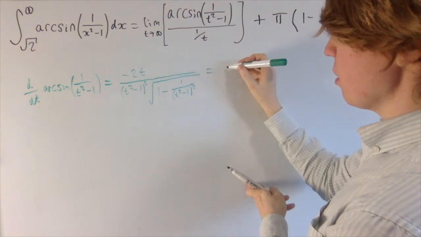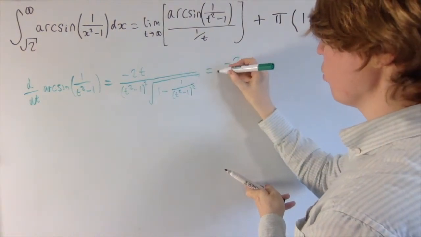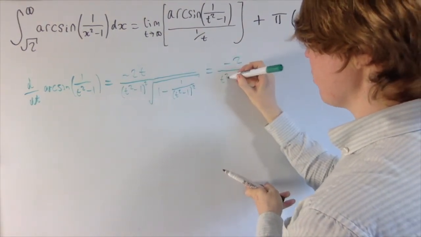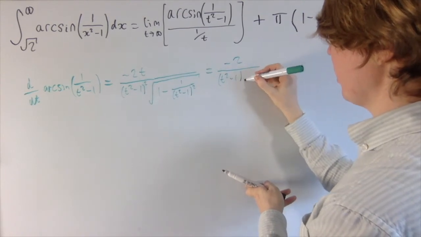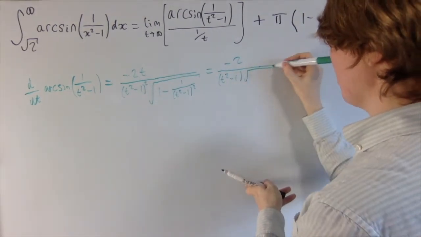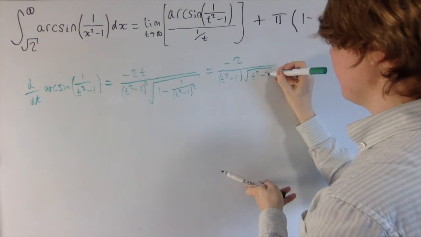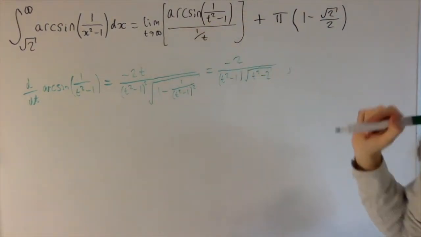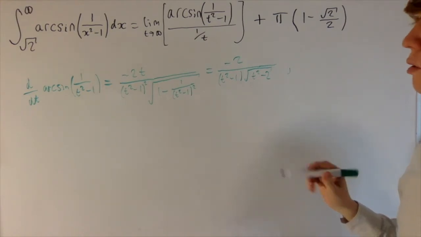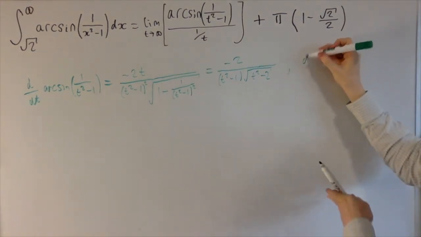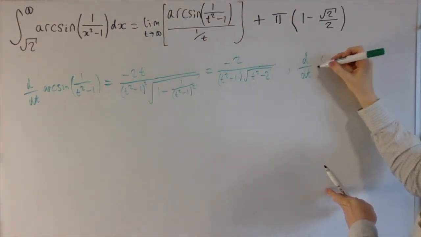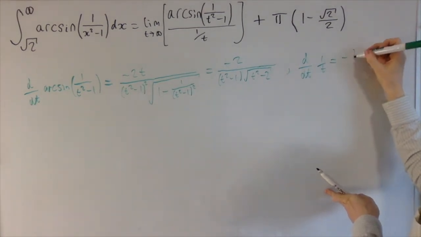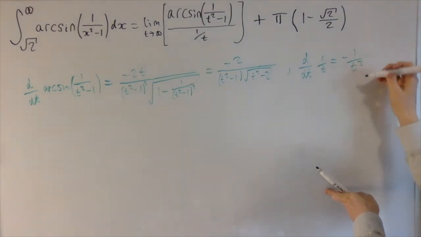And then we also know that this will simplify to root 2 over t squared minus 1, and then the square root of t squared minus 2. So that's the derivative of arcsine of 1 over t squared minus 1, and then the derivative of 1 over t is much easier, this is just minus 1 over t squared.